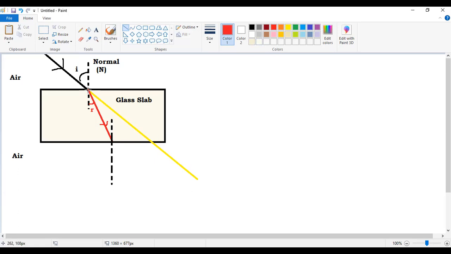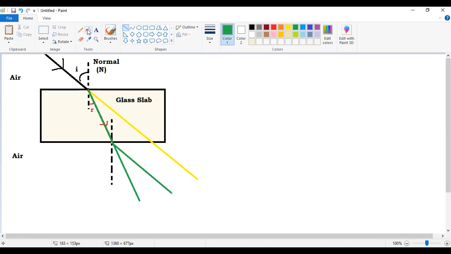Now students, see, this refracted ray would have gone like this, but since there is a change in medium, the light has to travel from denser to rarer medium. Its speed will increase, due to which the light ray will bend away from the normal.